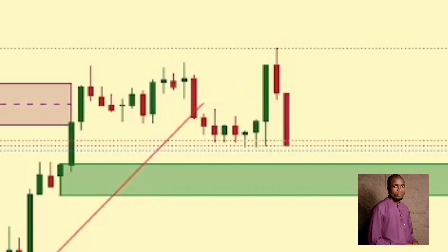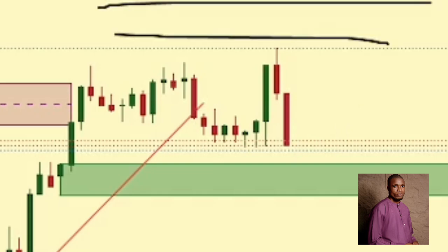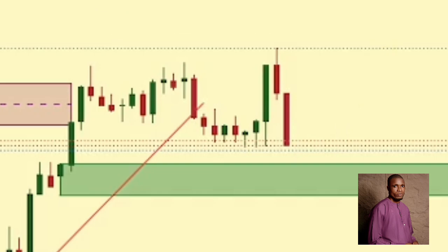Instead, we have a demand zone at 0.58732 and 0.58570. Normally, this demand zone could be a buy zone, but because the daily supply zone is in control, I expect this demand zone to fail.